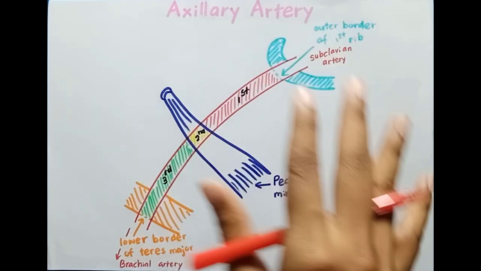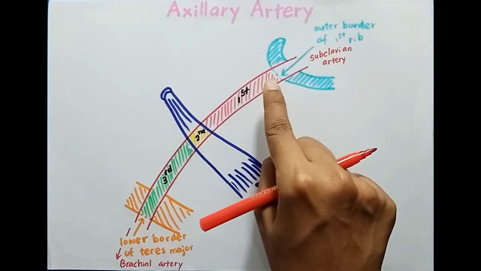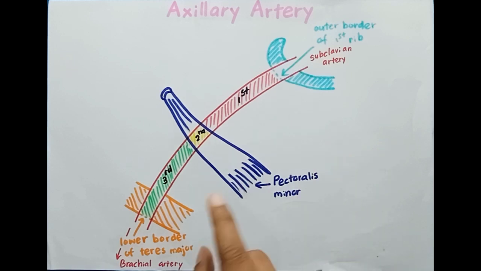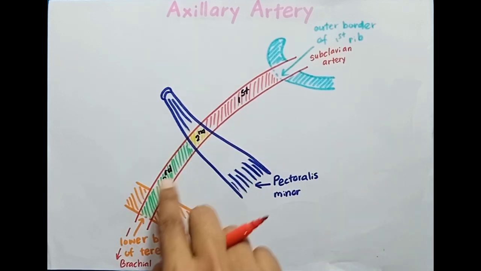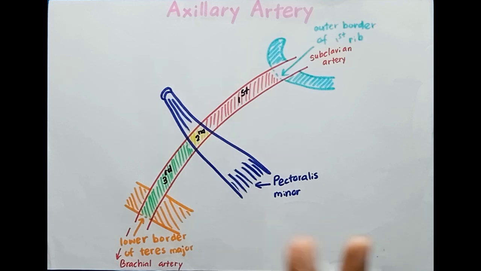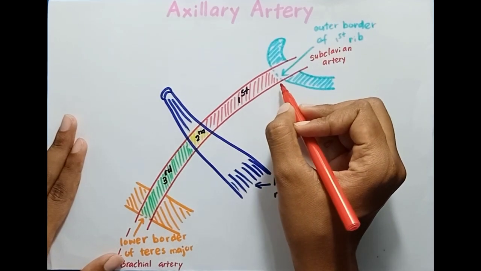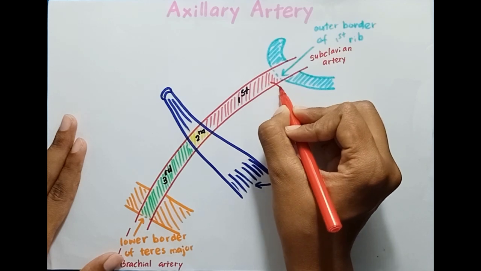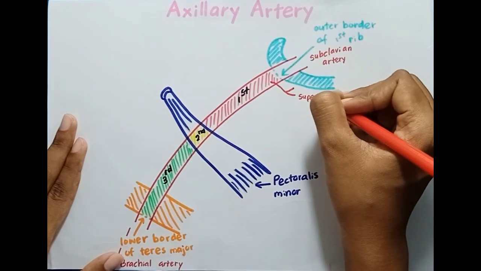The axillary artery makes branches from these parts. From the first part, it forms one branch, from the second part two branches, and from the third part three branches. From the first part, it makes the superior thoracic artery.